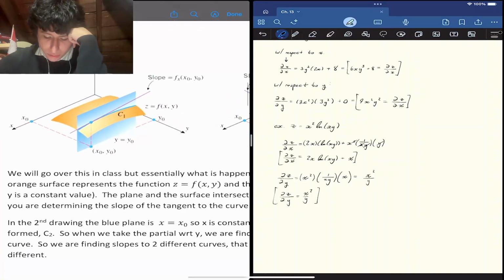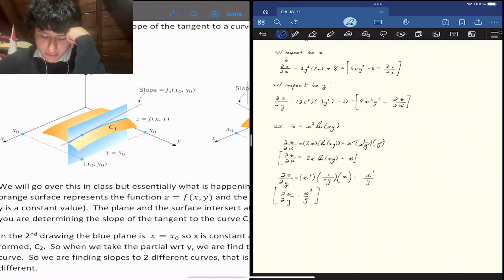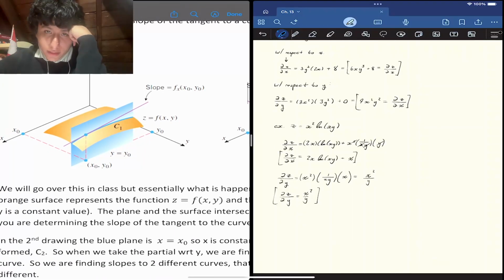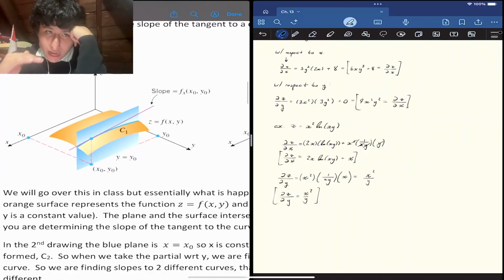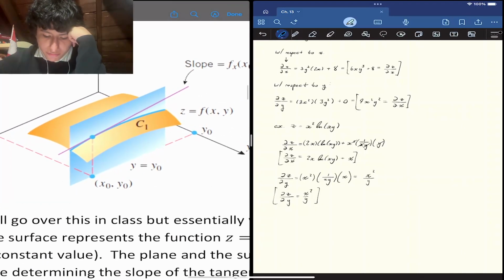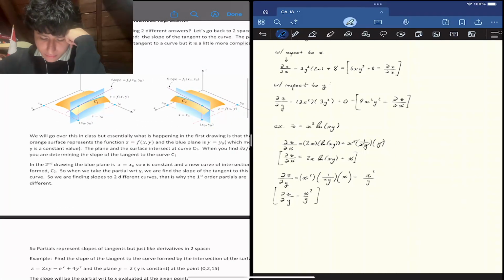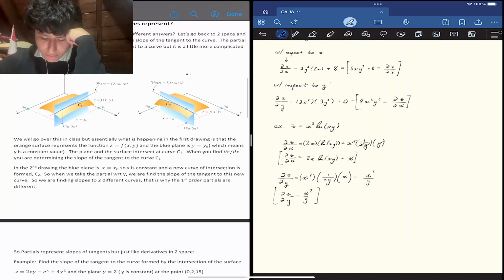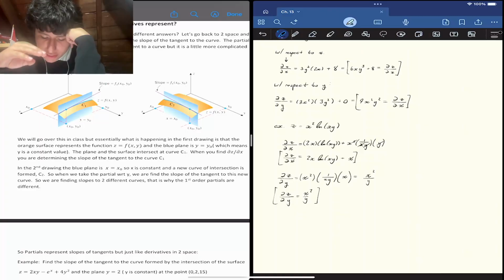So for example, in this one, y naught is going to be constant. And if you remember, when we take the partial with respect to x, y becomes constant. Therefore, we're creating this curve, because that plane and that surface intersect at that point, that intersection, curve C1.